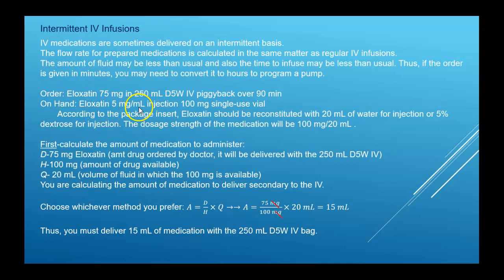It's 5 milligrams per milliliter. So this is actually just drug, and it needs to be reconstituted, and per the directions you add 20 milliliters of water. So you have 100 milligrams of drug and 20 milliliters of water, which is 100 milligrams per 20 milliliters. So that's your concentration. And 100 milligrams per 20 milliliters, if you reduce it, you get 5 milligrams per milliliter.